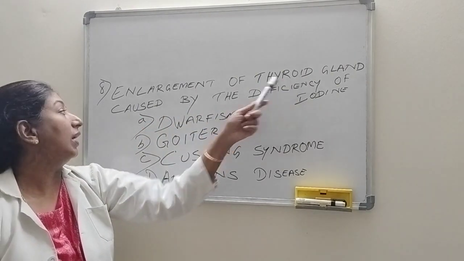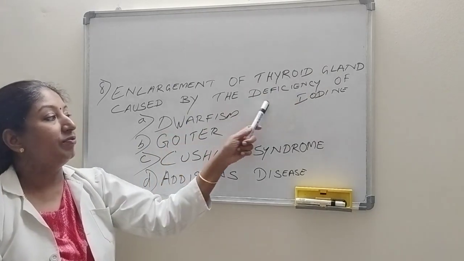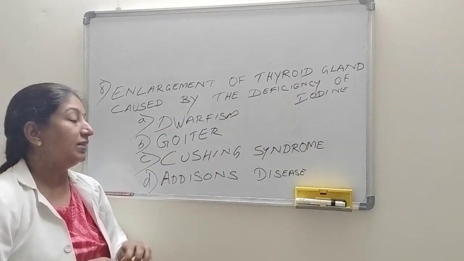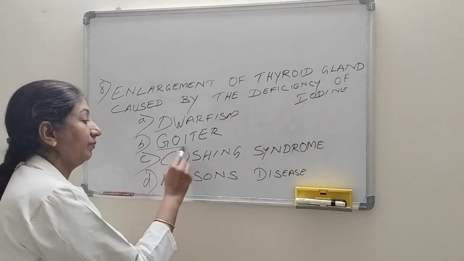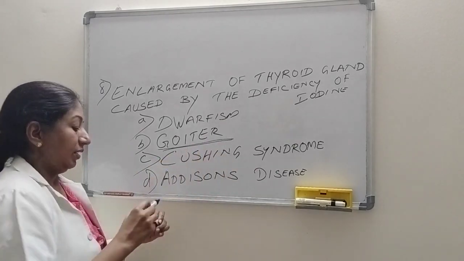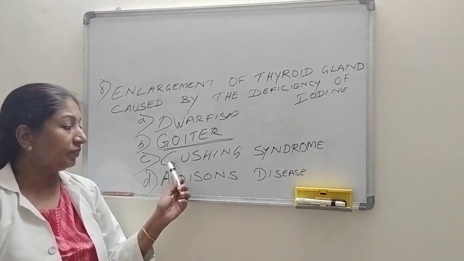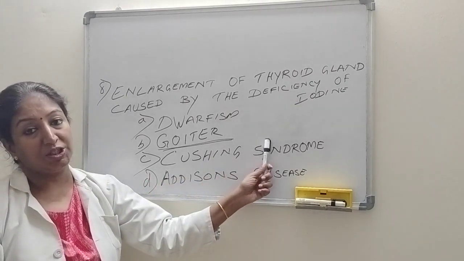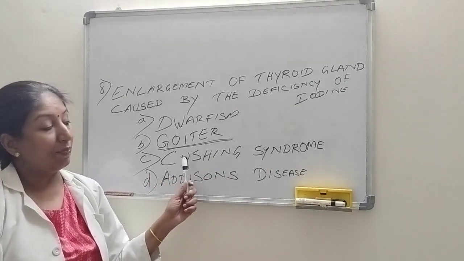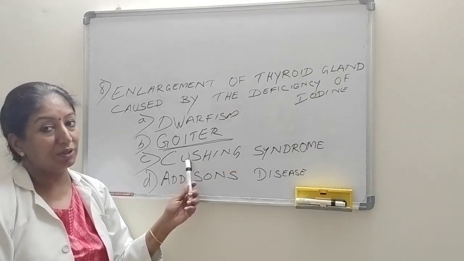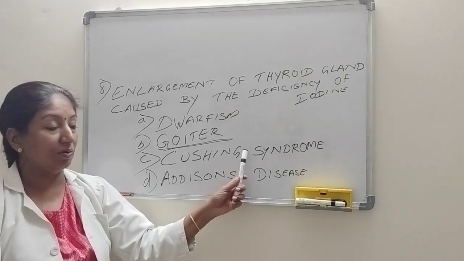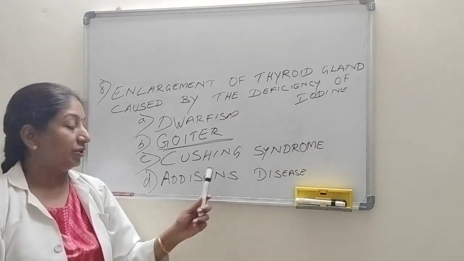Enlargement of the thyroid gland caused by the deficiency of iodine results in goiter. Okay. Next is Cushing syndrome. Cushing syndrome is the increased amount of cortisol production in the body. Hypercortisolism. Increased production of cortisol leads to Cushing syndrome.